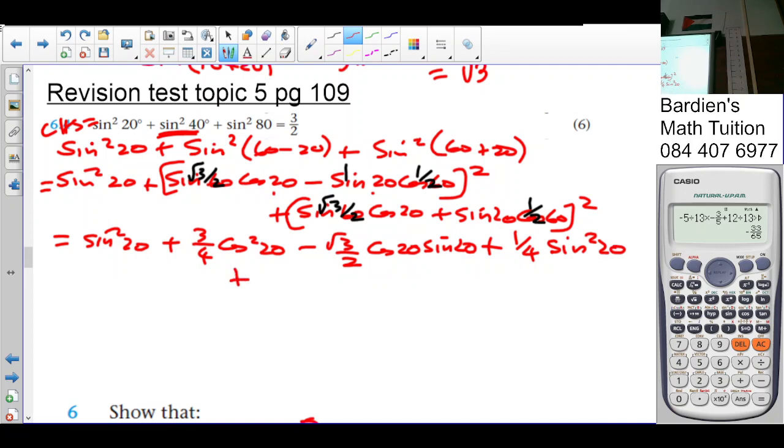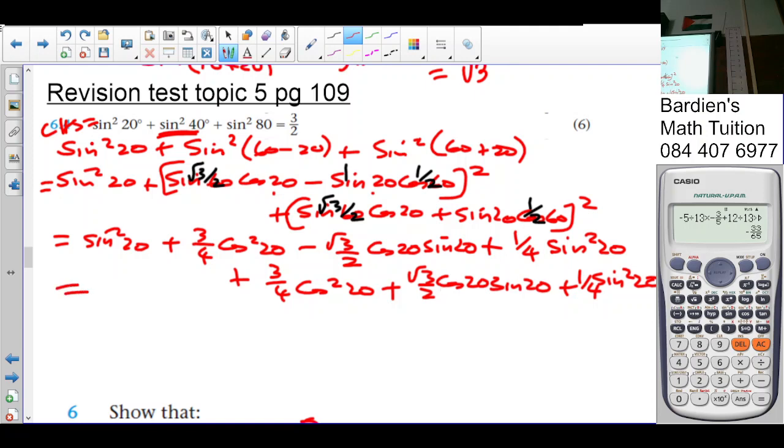And this is plus: first term squared gives 3 over 4 cos squared 20, plus that times 2, giving root 3 over 2 cos 20 sine 20. Last term squared is a quarter sine squared 20. So that cancels. That's what I needed. Otherwise I was always going to be stuck there.